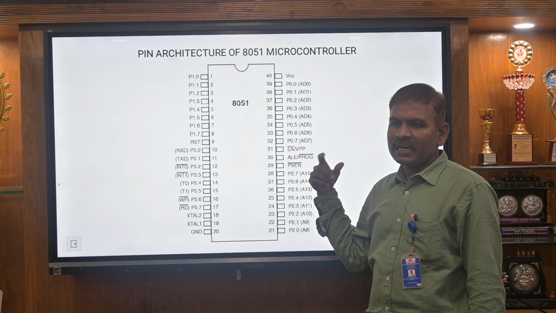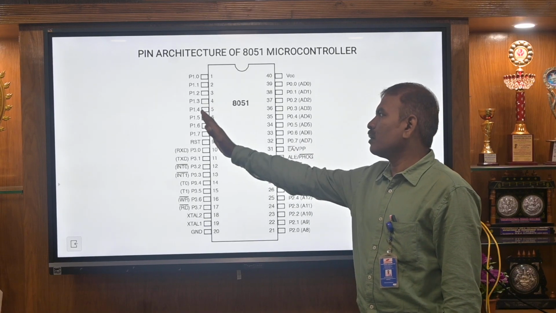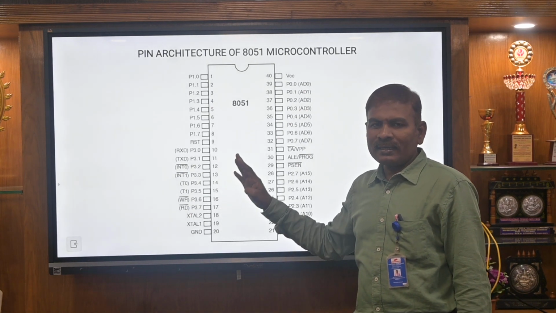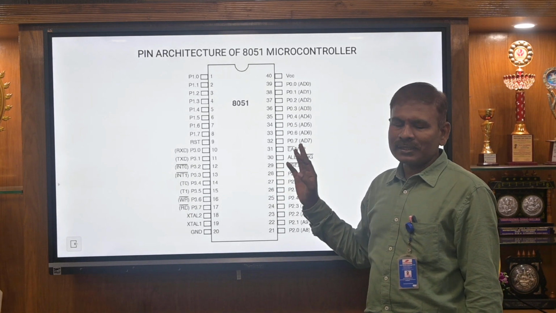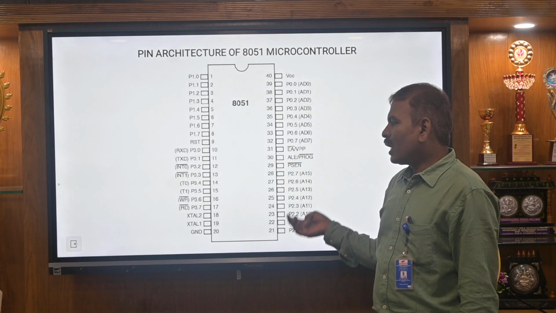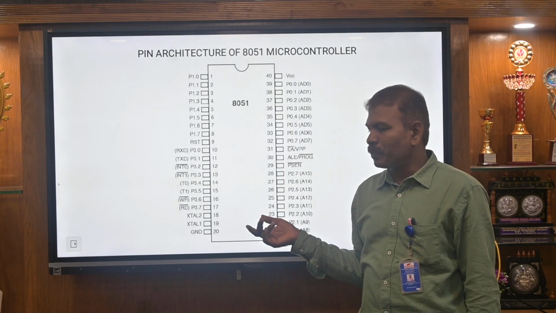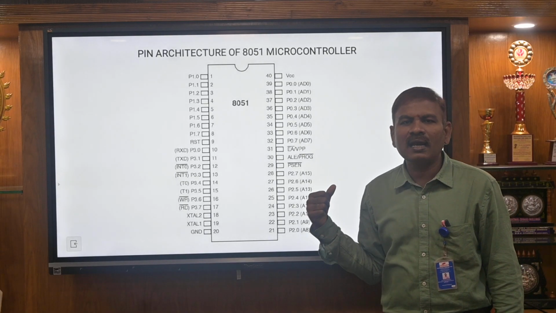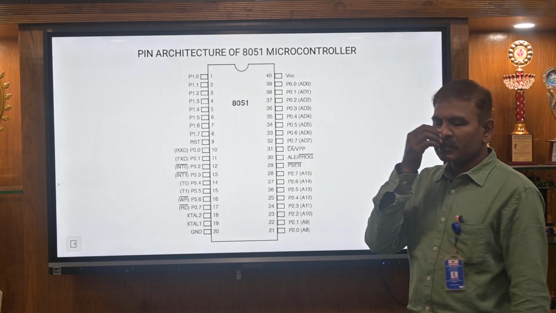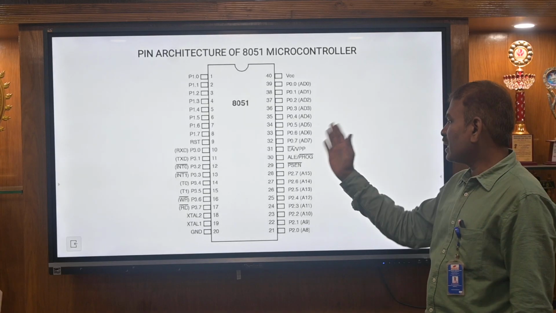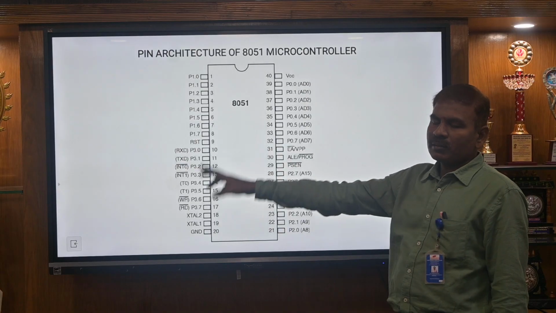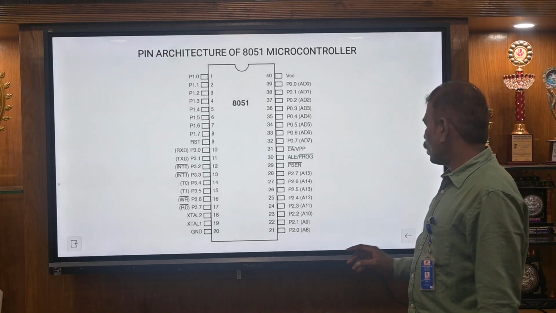Total 8-bit, 16 is over, and then program initiated is 8-bit, and then interrupt is 4, and then crystal is 2, and then transmit data, receive data is 2, and then read write operation is 2 pins, and then enable and address latch enable external pins we are specifying, that is PSEN is 1 pin in total, and then ground and VCC is 1 pin.